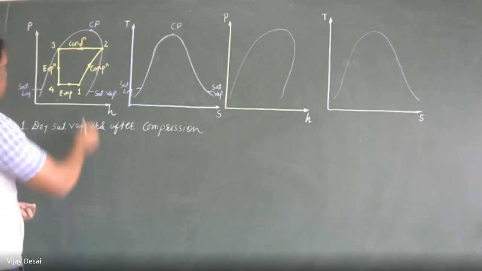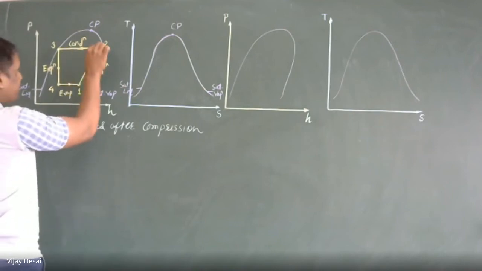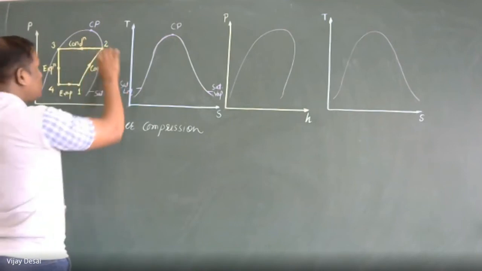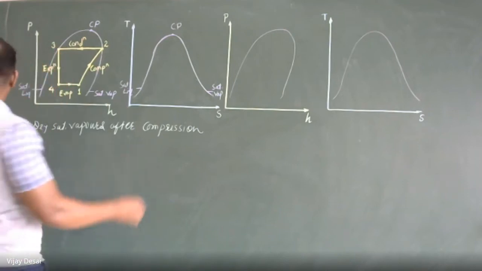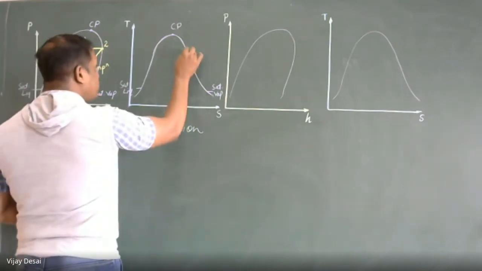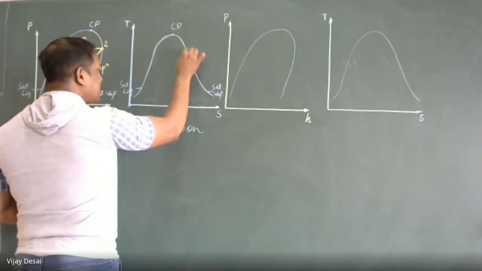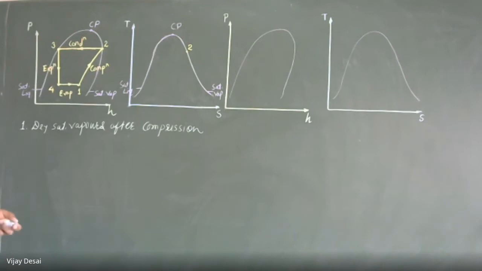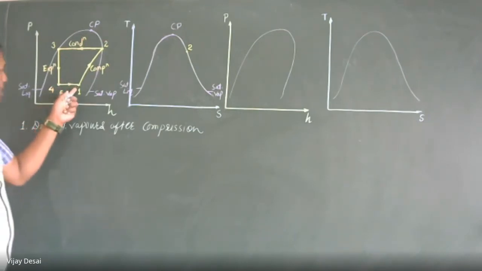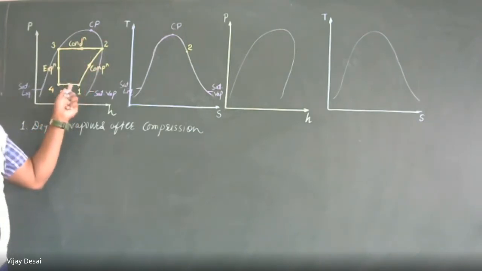Now, as we know, after compression we reach the dry saturated curve. So that means in the TS diagram also our point 2 will lie on this dry saturated curve. This is point 2. So the entry of the compression is the wet zone.